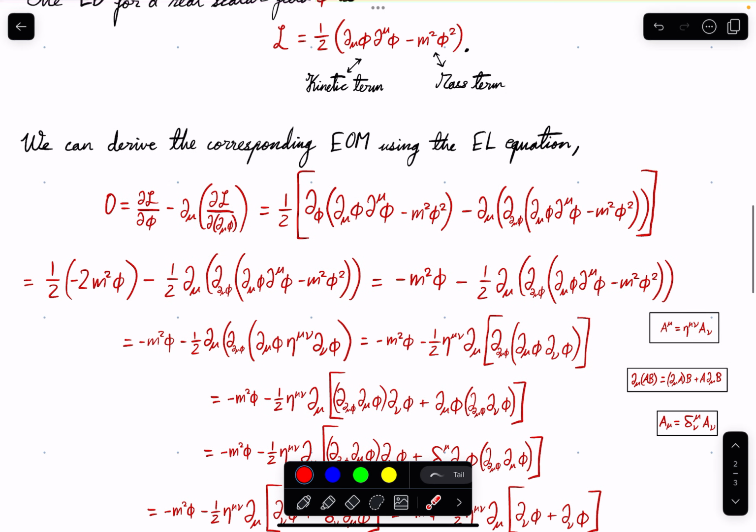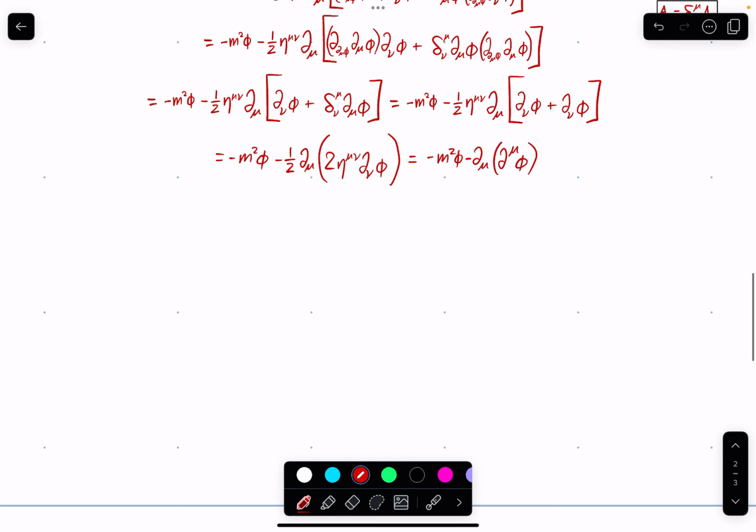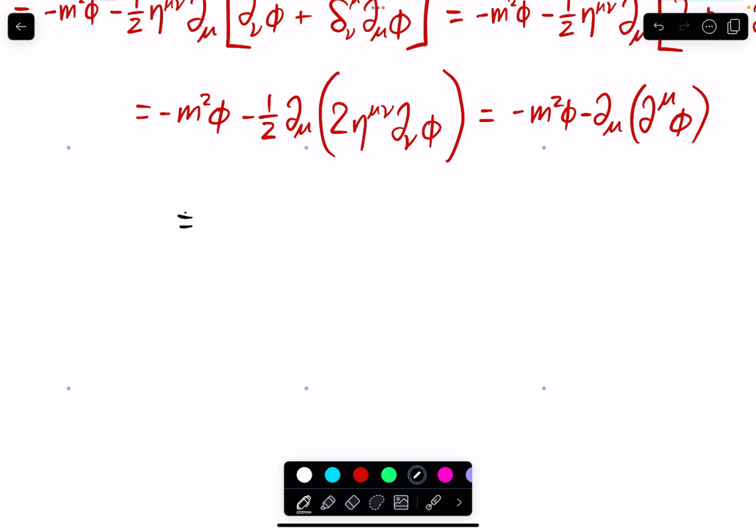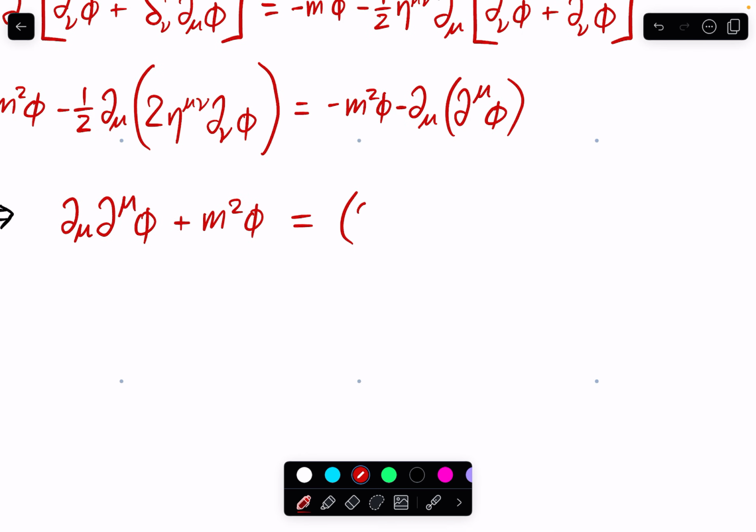And this is a quantity that is equal to 0. So we can now just say that this quantity, the negative of it, is also equal to 0. And what we do is we pull out the phi and have it equal to 0.